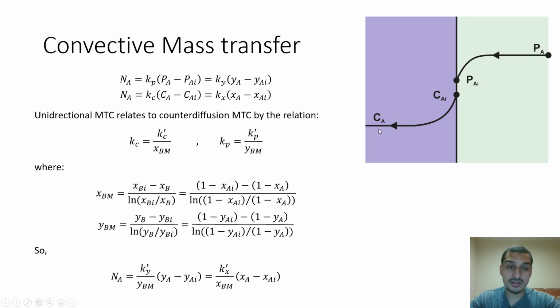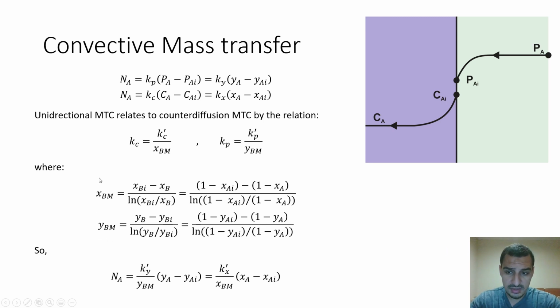From this we can calculate xB, which is 1 minus xA. So this is xB interface, the concentration of B at the interface, and the concentration of B in the bulk, and this is the logarithmic mean of these two. xB, as I said, is 1 minus xA, assuming we have only two components. So this is (1 minus xAi) minus (1 minus xA) divided by ln of this over this. This is the logarithmic mean for xbm, and this is the ybm.